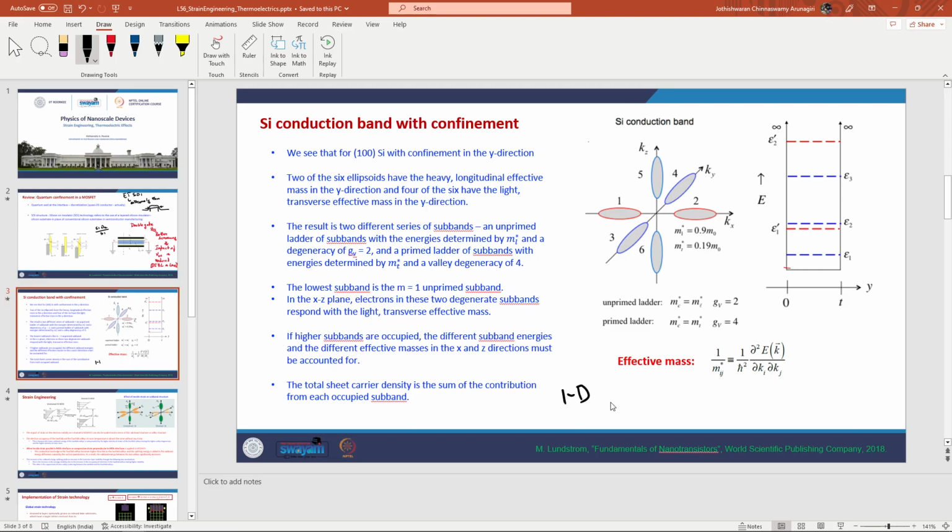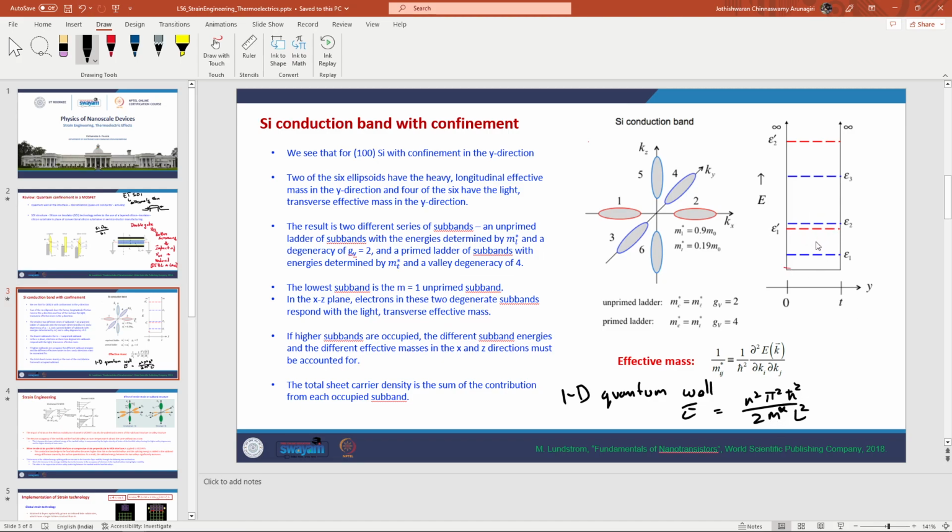For a 1D quantum well, we know that the energy is given by n squared pi squared h bar squared upon 2m star L squared. So as we reduce the lattice constant, the energy difference will actually increase.